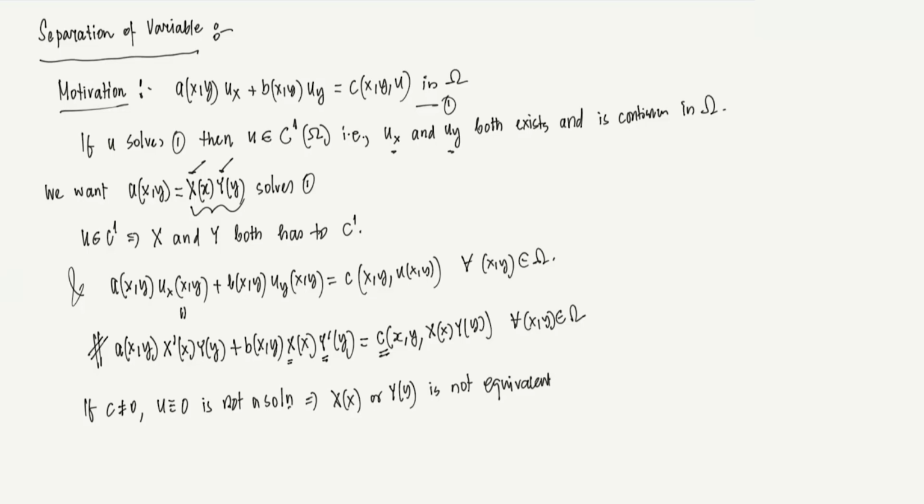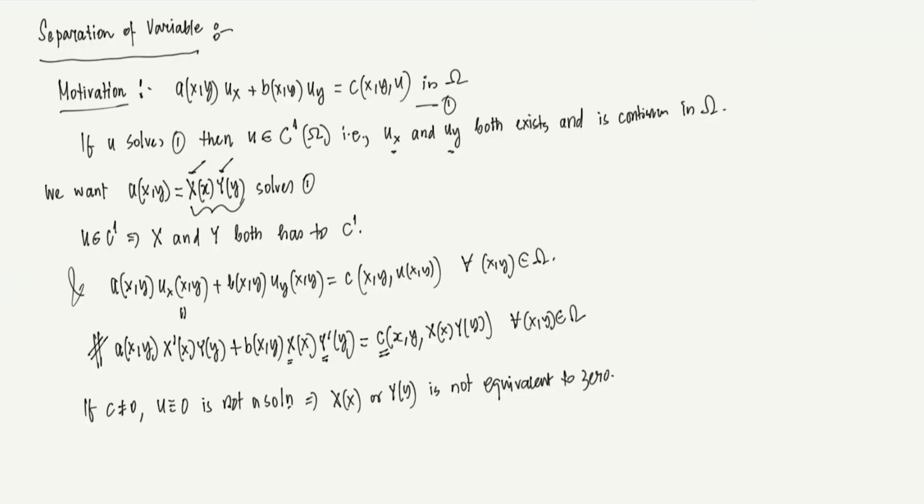It means that it is not 0. It may happen that for some points in the x domain, or some point in the y domain, it may be 0, but it can't be equivalent to 0, because if X(x) is equivalent to 0 for all x, the solution which you are going to get will be equivalent to 0, which we don't want. We don't want any trivial solution, only non-trivial.